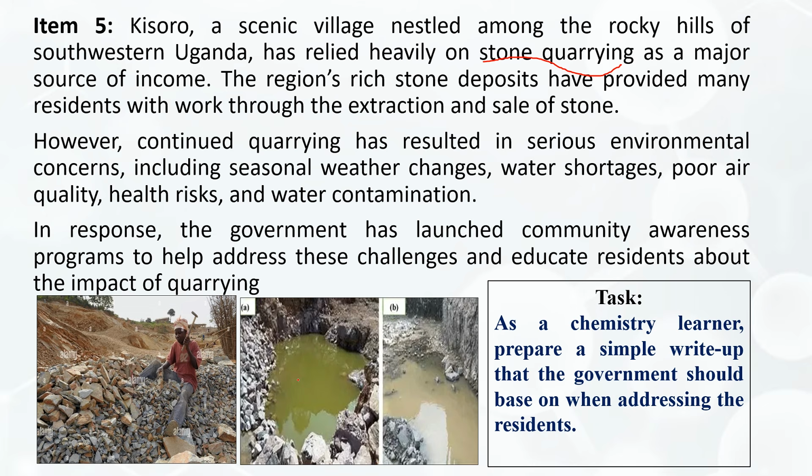So we can have two learners, one talking about the natural resource as water and human activity, stone quarrying. Another person is talking about the natural resource being affected as stone or the rocks. And then the human activity is stone quarrying.